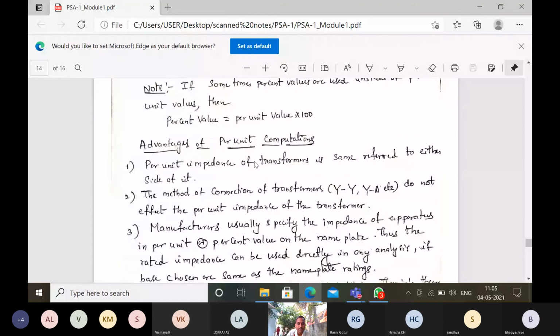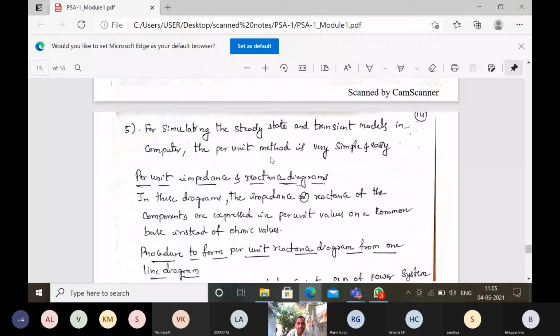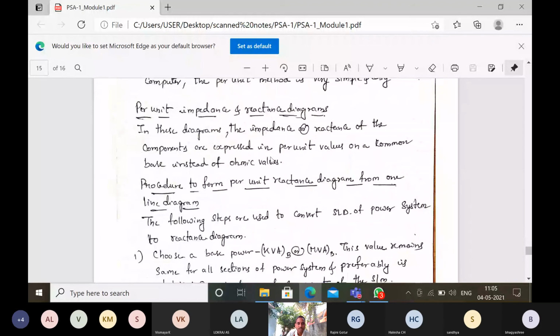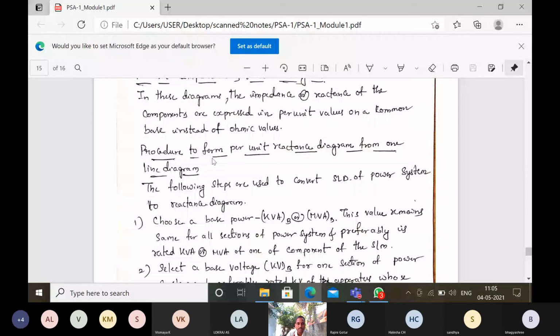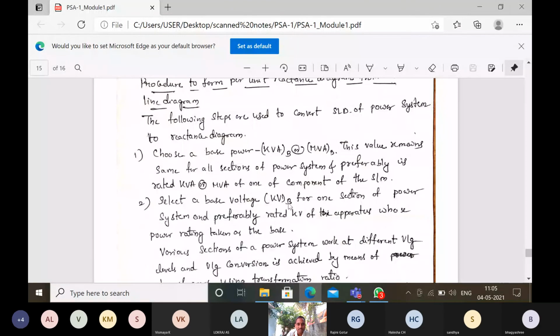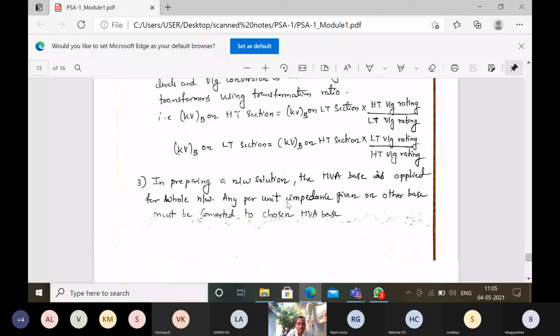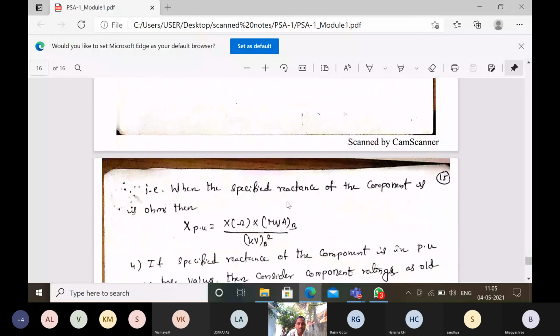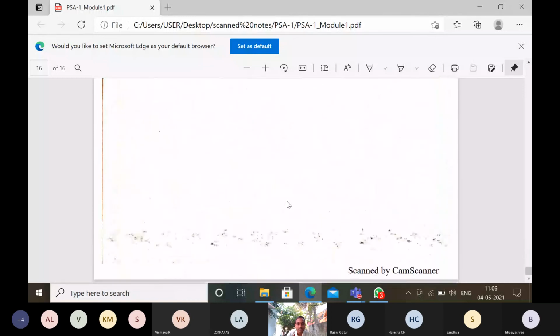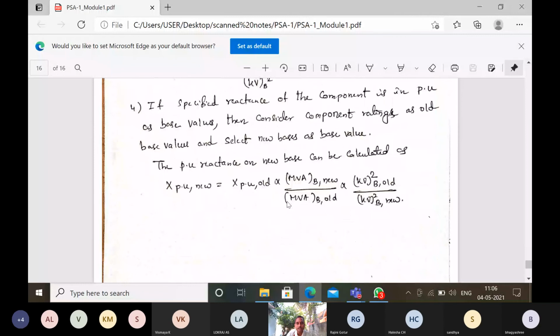Advantages of per unit computations. Okay, per unit impedance and reactance diagram. Procedure for per unit and reactance diagram from single line diagram. So all the answers are there here. Okay, refer these notes and write your answer. Okay.